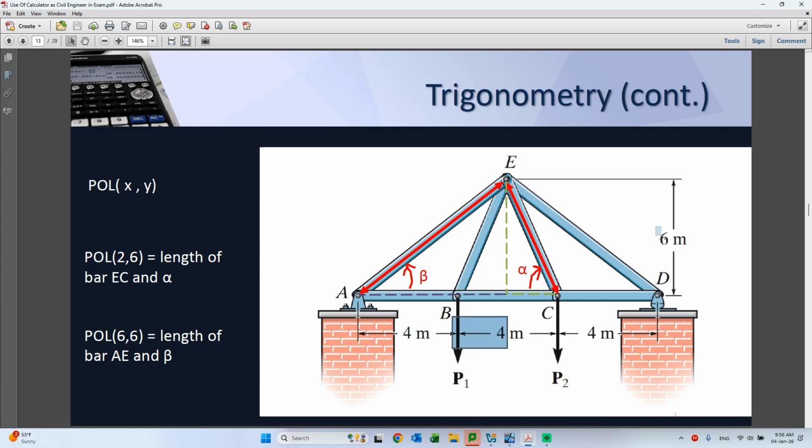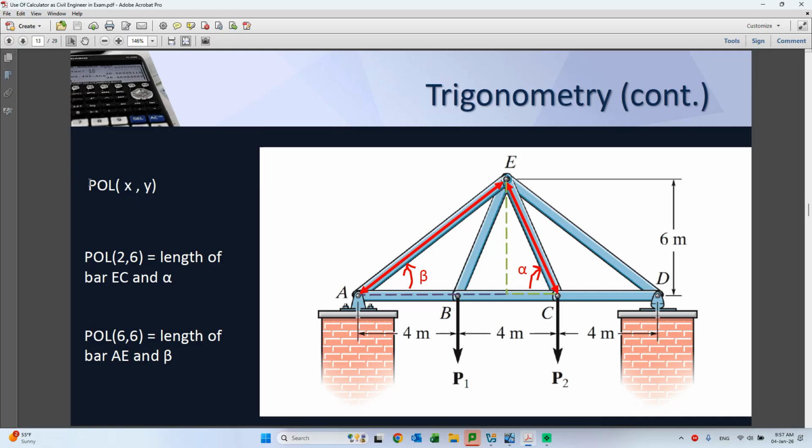Then the height is 6 meters. So I know this angle would be 45, yes? But how would I use the calculator to calculate these things for me? Considering alpha here, point E down, I have 2 meters in the middle, and then 6. How would I calculate alpha here?